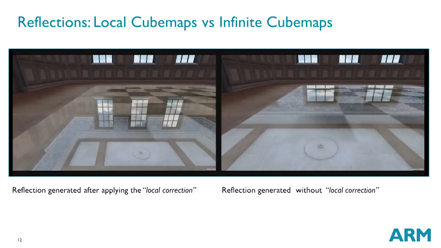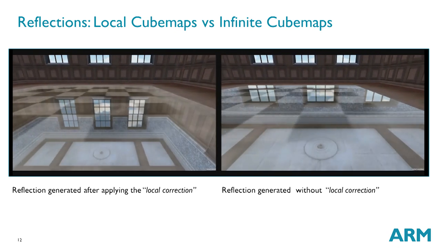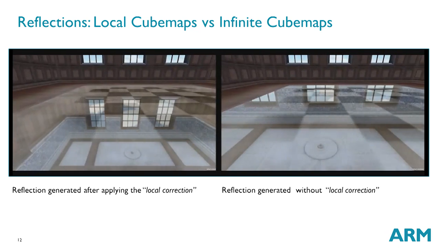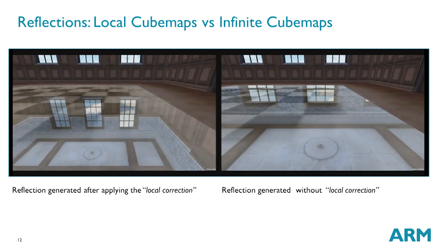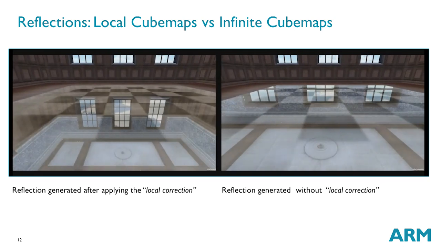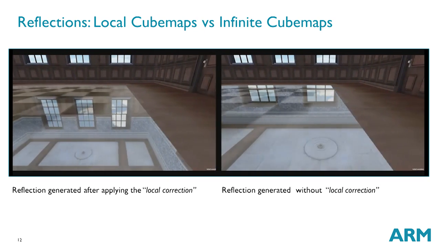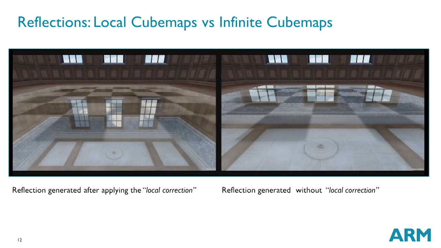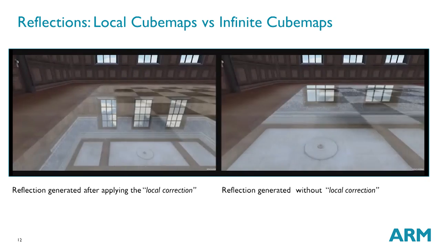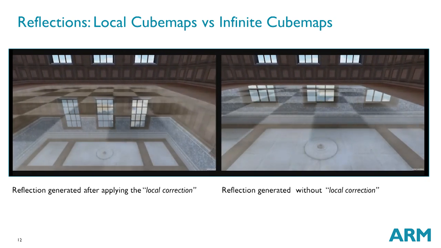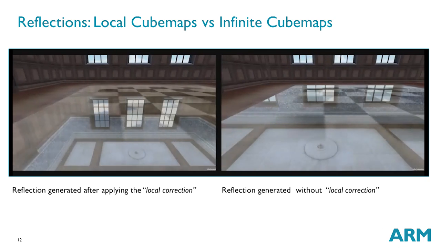Let's try to explain that. This happened because the view vector is constant. We are dealing with reflections in a planar surface where the normal is constant. So if the view vector is constant and the normal is constant, then the reflection vector is constant. This is what we get, constant reflection. The reflection doesn't change no matter where the camera is.